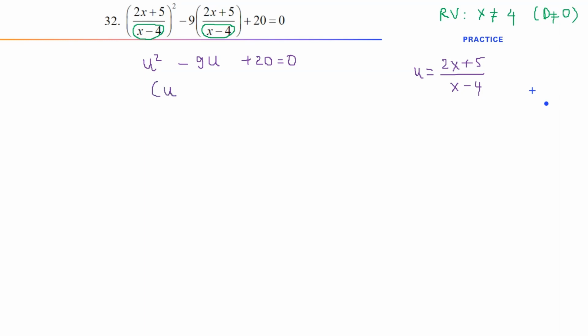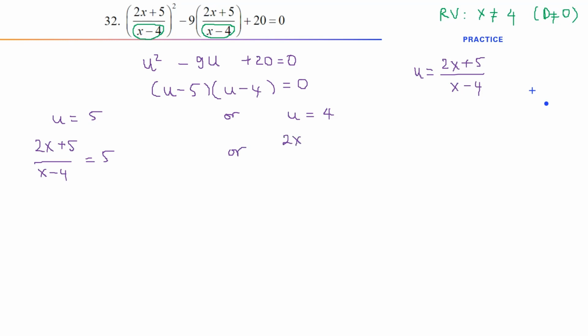And u, two numbers multiply equal 20, add up to negative 9. That will be negative 5 and negative 4. Now we say u equals 5 or u equals 4. So if u equals 5, it means 2x plus 5 over x minus 4 equals 5.